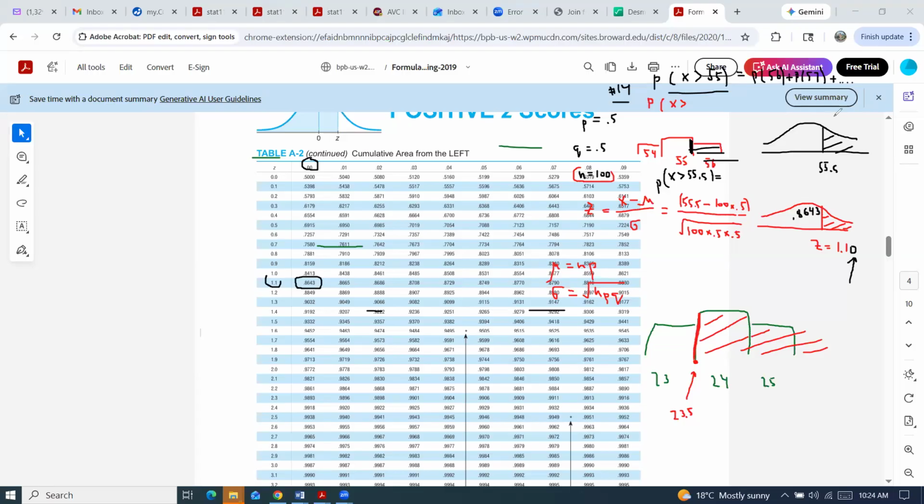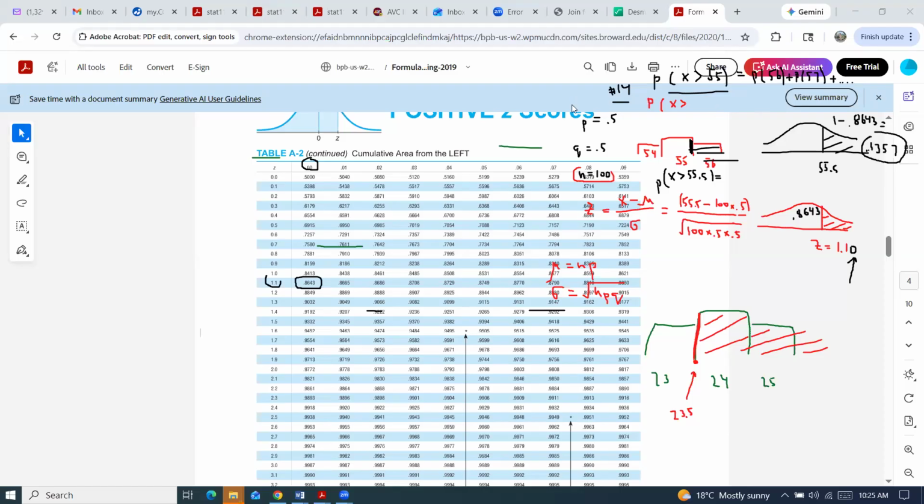And what I need is to subtract from 1. Subtract from 1 and see what the chances for this to happen are going to be. So it looks like it's going to be 7 at the end, then 5, then 3, and then 1. About 13% chance that you're going to have more than 55 girls.